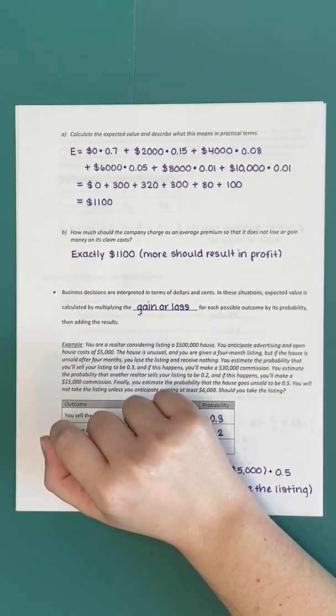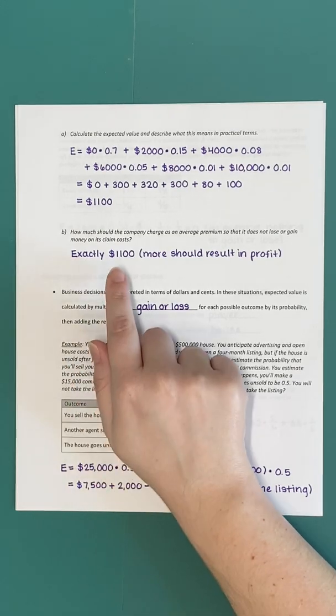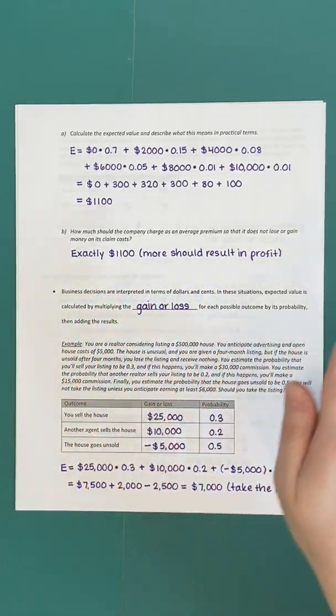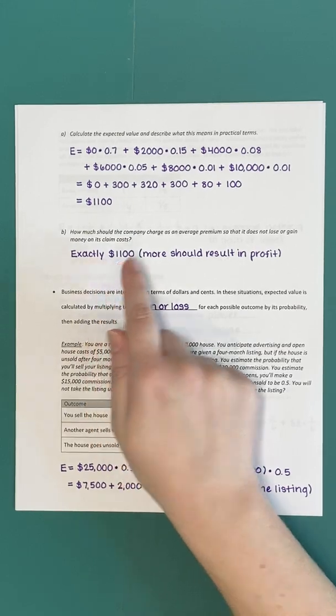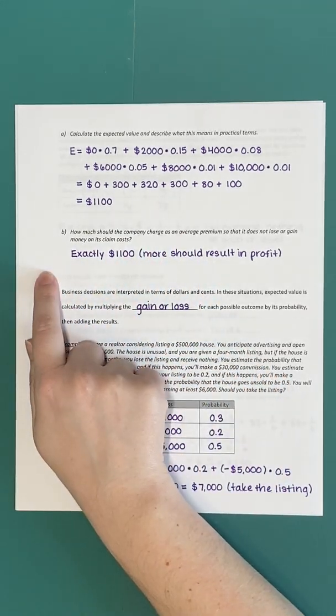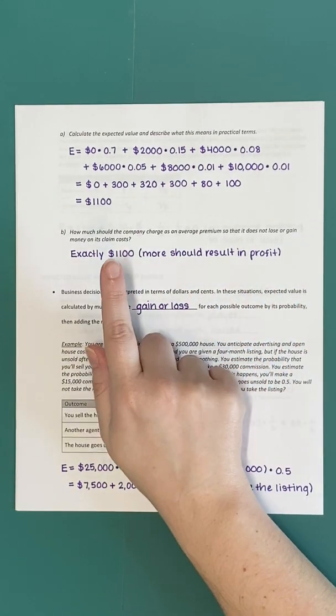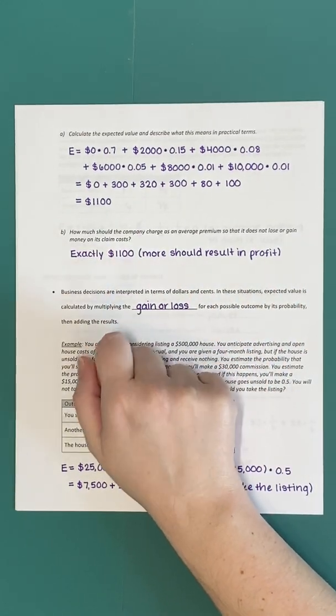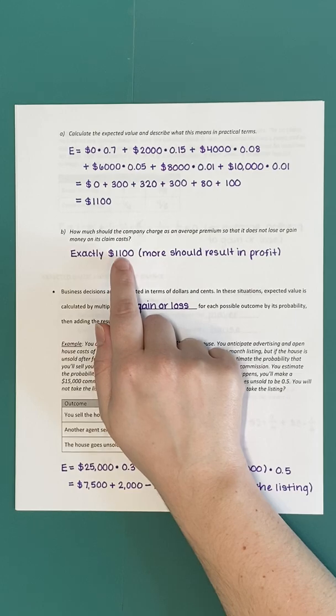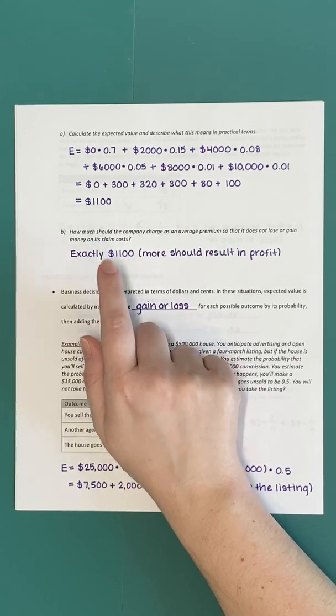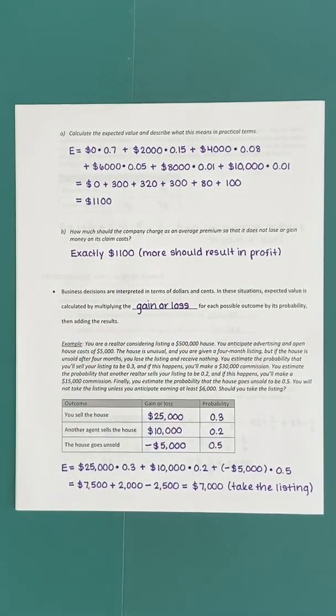So did they make money on you? The answer is no. But as the long run average, if you look at everyone and average out everyone who doesn't require any claim and who does require a large claim, it averages out so that they need $1,100 per person. So if they charge more than $1,100, then in the long run, on average, they will make money.